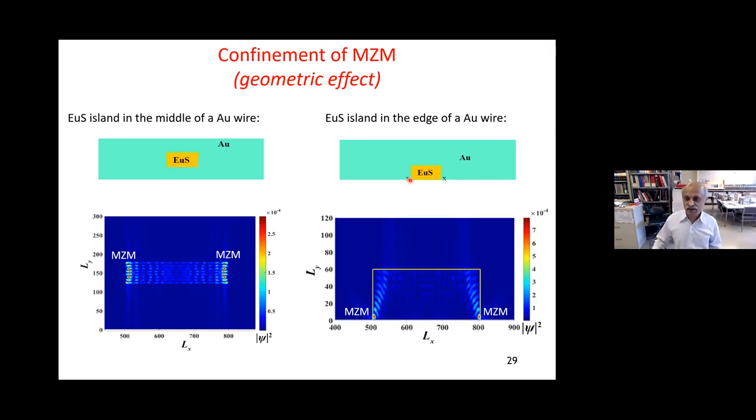Whereas if you put the island, indeed exactly as we saw in the experiment, this Majorana wave function is really focused or concentrated at this corner where the europium sulfide island intersects the gold. So this is nicely localized, whereas as it goes away from that, it actually weakens tremendously. So in the case of an island in the middle, you see a weaker Majorana wave function distribution, whereas in the case where the island happens to have an edge here, then you can have a stronger concentration.